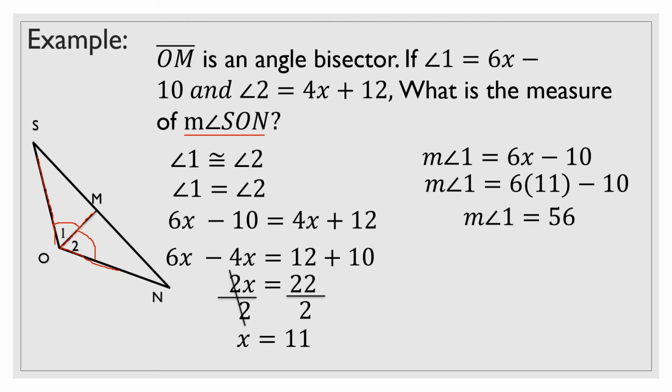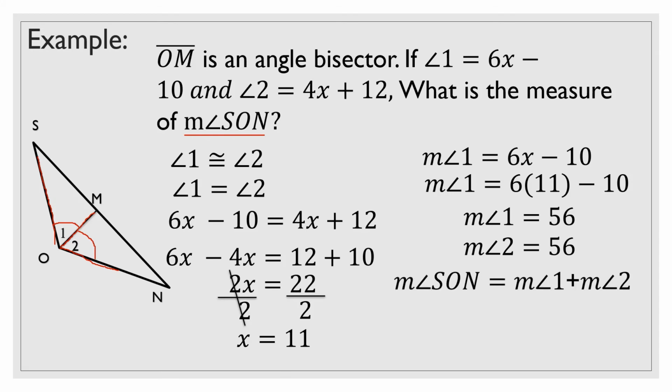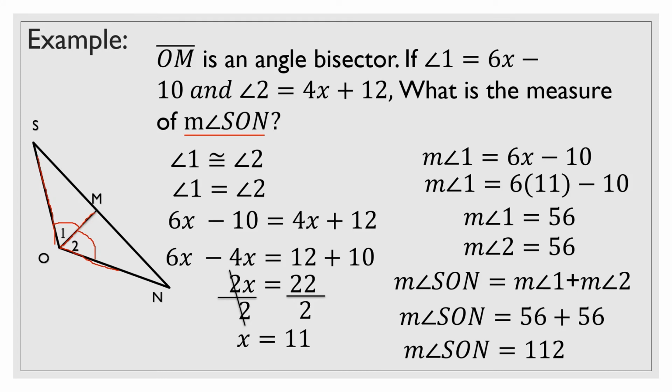If angle 1 is 56, then masasabi natin that angle 2 is equal to 56. And again, to find the measure of angle SON, we will just combine the measurement of angle 1 and angle 2. So we have now 56 plus 56, so you come up with 112, and that is the measurement of angle SON.